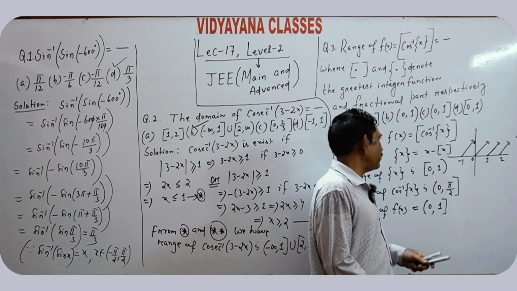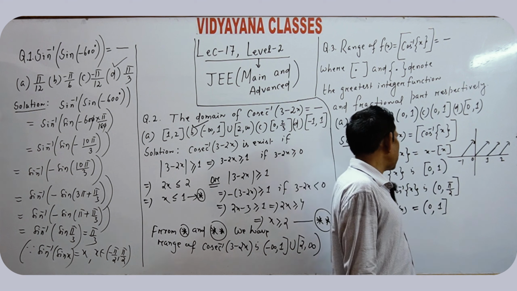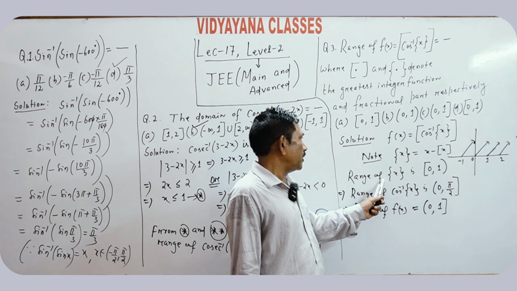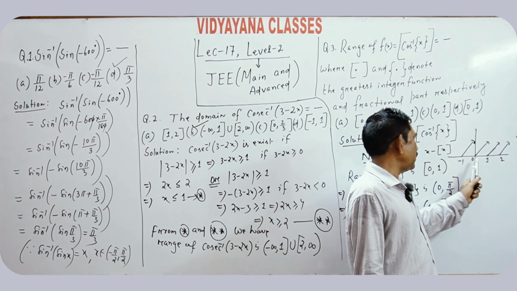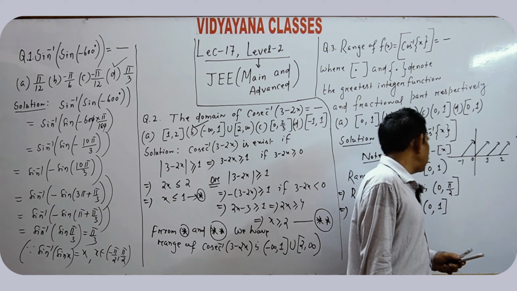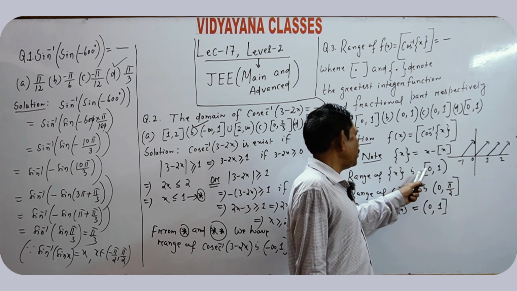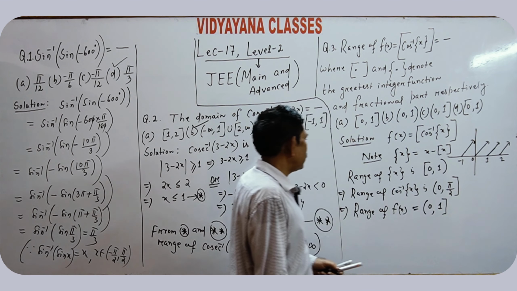It is the graph of the fractional part of x, that means x minus [x]. Clear? The range: its maximum value is less than 1 and its minimum value is 0. So the range of the fractional part of x is closed 0, open 1.